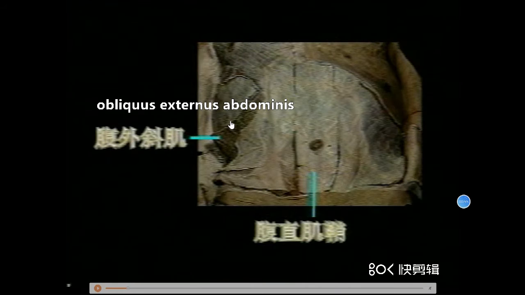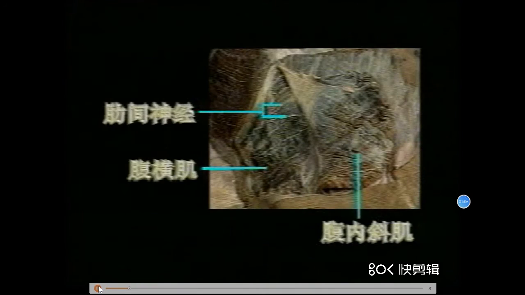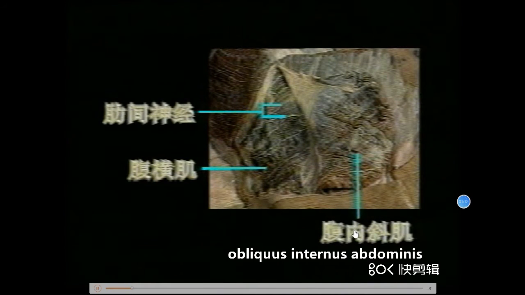For example, this muscle, obliquus externus abdominis, and the sheath of rectus abdominis. The intercostal nerves and the transversus abdominis, the obliquus internus abdominis.